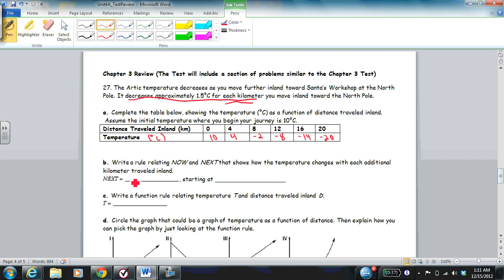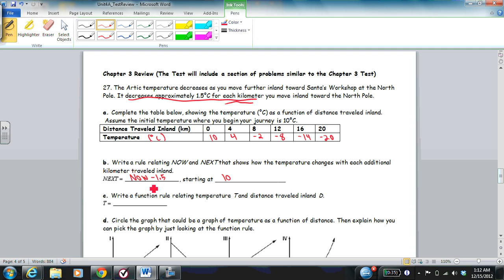So now we want to write a now next rule. So our rule is going to be next equals now. And then we ask ourselves, how much is it changing for each kilometer, for each x? Change in x of 1, a change in y, or change in temperature is going to be minus 1.5. And we started at 10. So to write a function rule, we're going to write a rule in slope-intercept form.